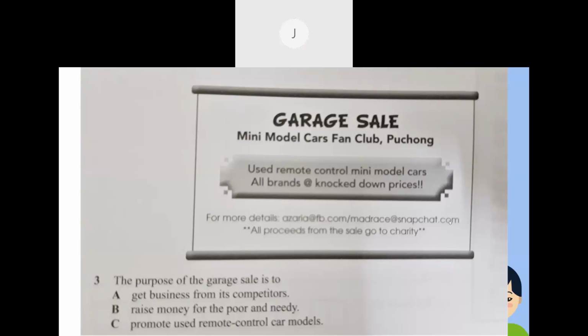Look carefully. What is this? This is a garage sale. So what is the function of a garage sale? B. It's to raise money. It's not to promote. Look carefully.